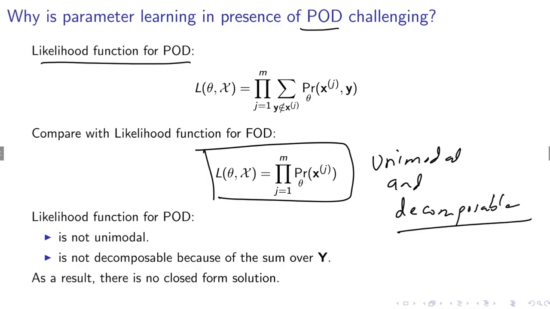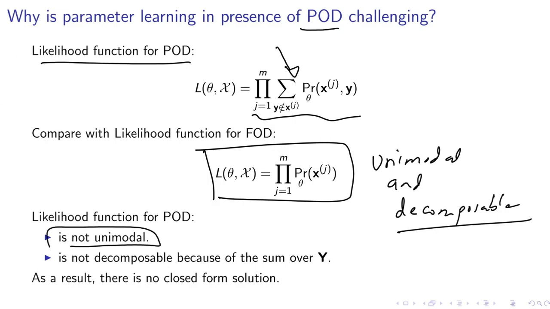Unfortunately, the likelihood function in the context of partially observed data has this ugly summation term because you have to sum out all the missing variables in the graphical model in order to compute the likelihood. And as a result of this summation term, the likelihood function is no longer unimodal. It's actually multimodal.